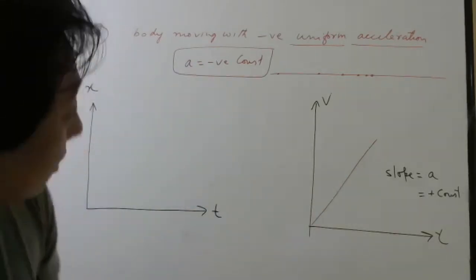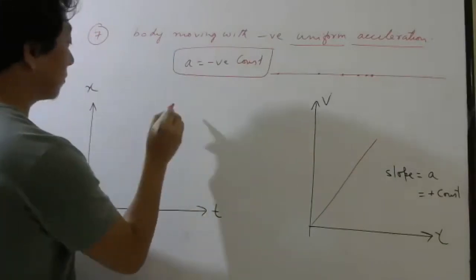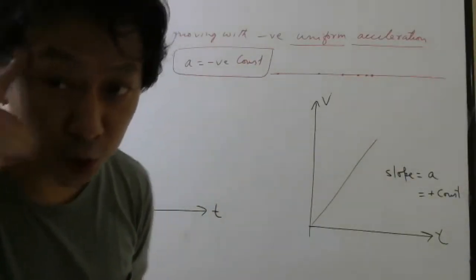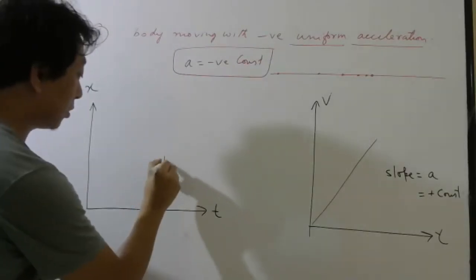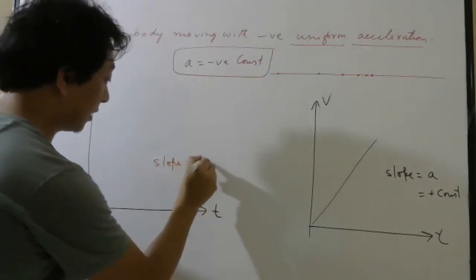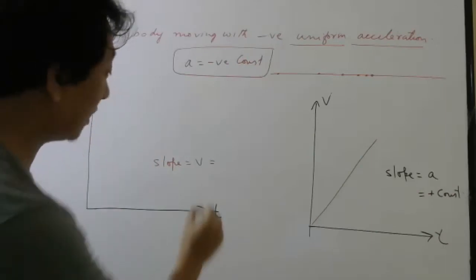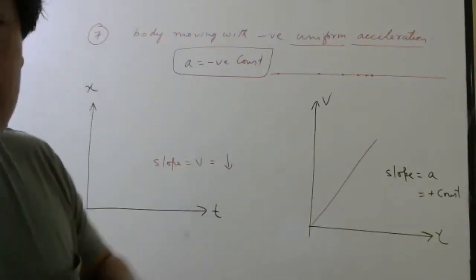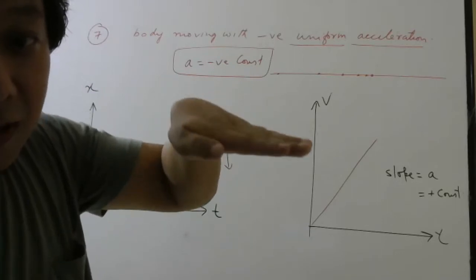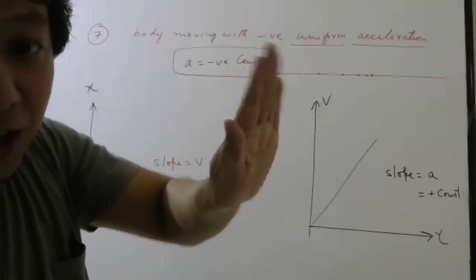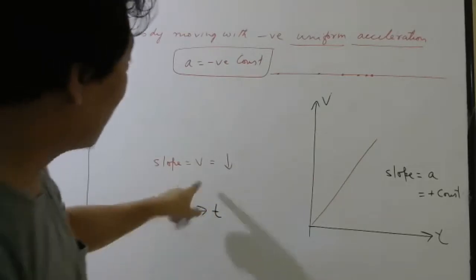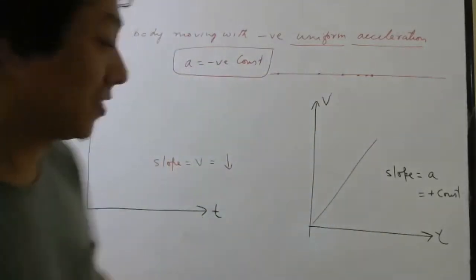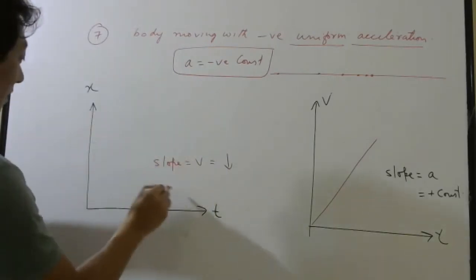Again, I want to draw the xt graph, so think in terms of the slope of the xt graph. What is the slope of the xt graph? Velocity. What is happening to velocity? Decreasing. Decreasing means you have to start from vertical and come to horizontal. Since velocity has been told to be positive, it has to be acute. So first vertical, then horizontal.